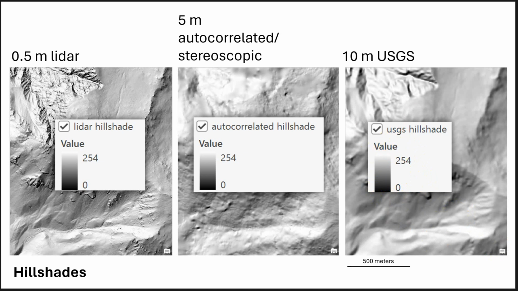For example, can 0 to 254 be somehow averaged to describe or compare slopes? The answer is no. Can hillshade values be compared to describe terrain roughness? No. Do hillshade values correlate with aspect or the direction a slope is facing? No, hard no. It is just a color between black and white.